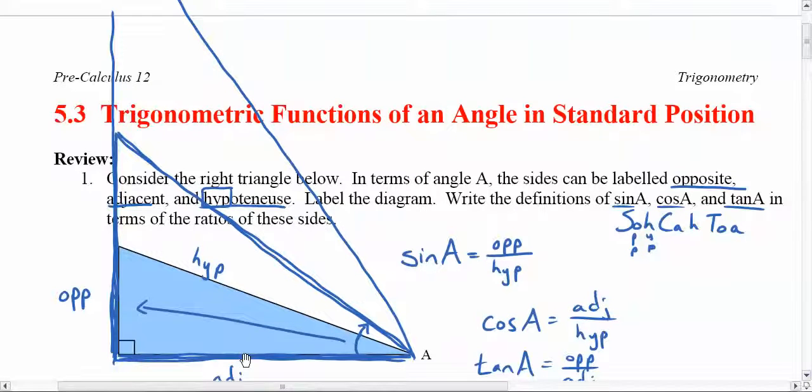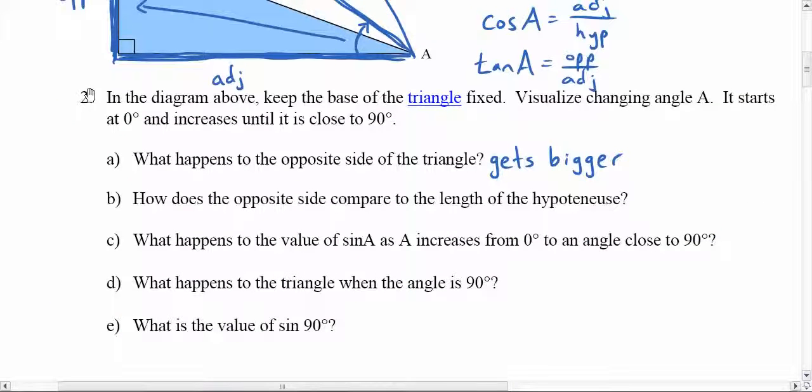It's getting close to the same. And the bigger that I make angle A, the opposite side is getting big really fast, but the hypotenuse doesn't get that much bigger. Okay. So the opposite side gets close to the same as the hypotenuse.